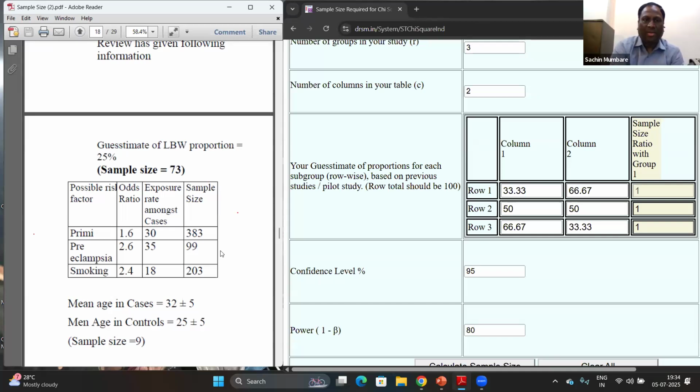So you will have 5 different sample sizes, correct? One sample size for the first objective and 4 different sample sizes for the 4 risk factors.